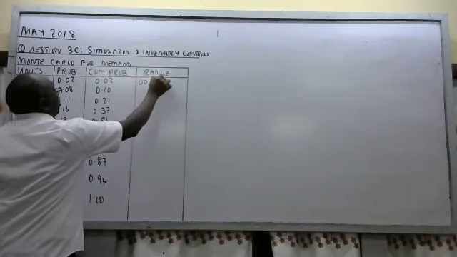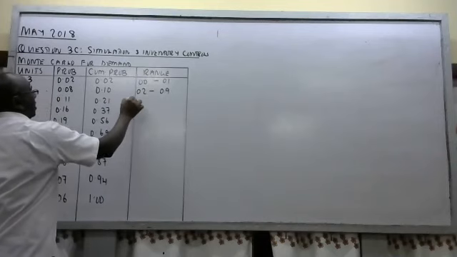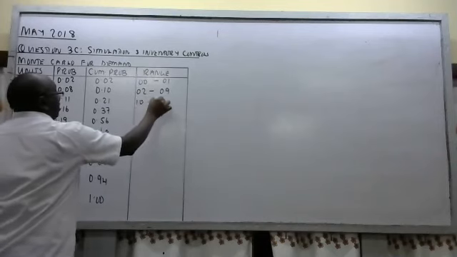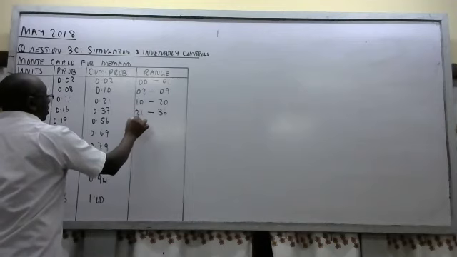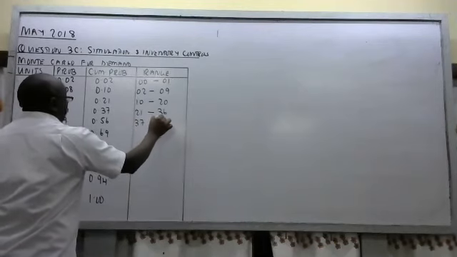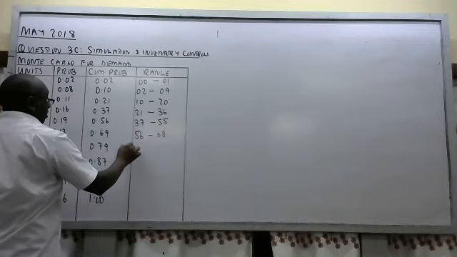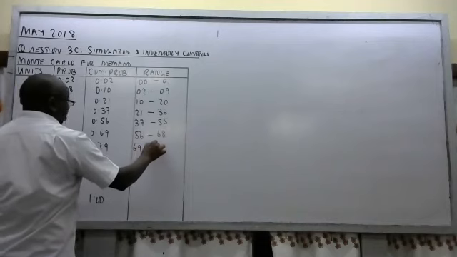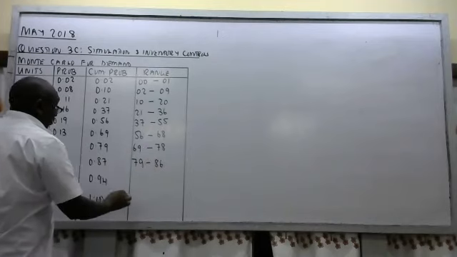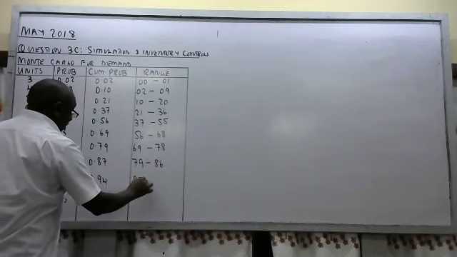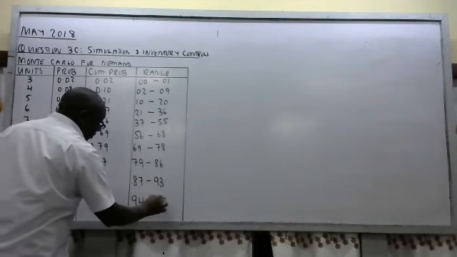So the ranges are 0 to 0.01, 02 mpaka 09, 10 to 20, 21 to 36, 37 to 55, 56 to 68, 69 to 78, 79 to 86, 87 to 93, 94 to 99.